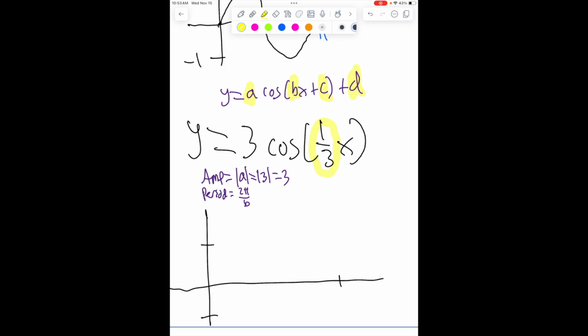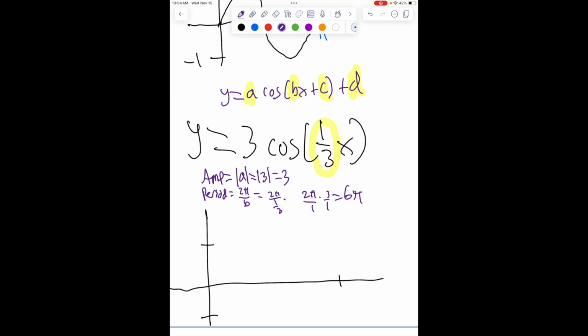So my period is 2 pi divided by 1/3, and you can never divide by a fraction. So I'm going to have to do 2 pi over 1 times 3 over 1. That's going to really give me a period of 6 pi.